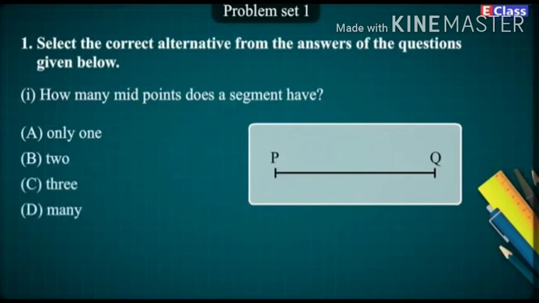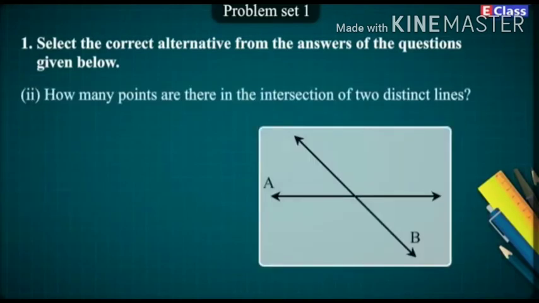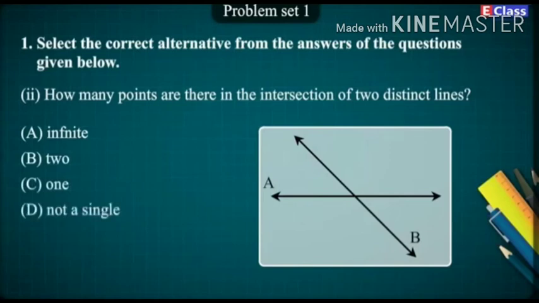Answer: A. 2. How many points are there in the intersection of two distinct lines? A. Infinite. B. 2. C. 1. D. Not a single. Answer: C.